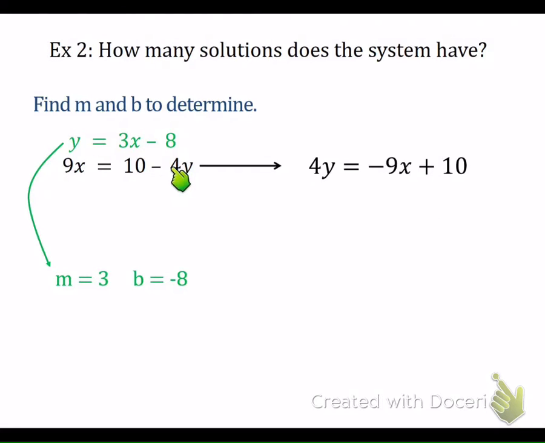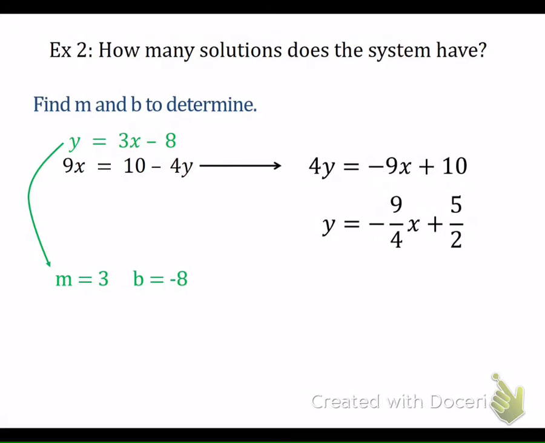And I added 4y. I would have just probably subtracted 10 and divided by negative 4, but hey, here we are. All right, so here's what happened in that magical step. Add 4y, minus 9x, minus 9x. Is everyone still with me? Okay. What would you do next to get it into y equals mx plus b? Divide by 4. And if you wanted to do it a different way, that's fine.